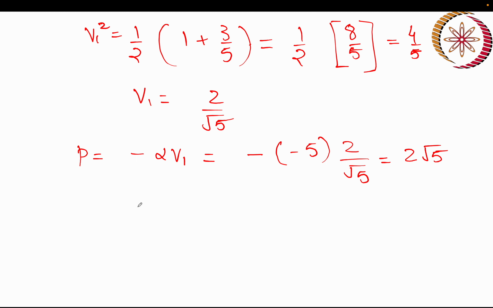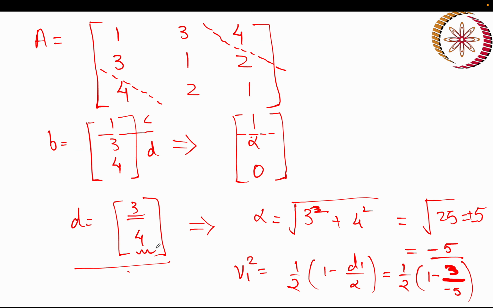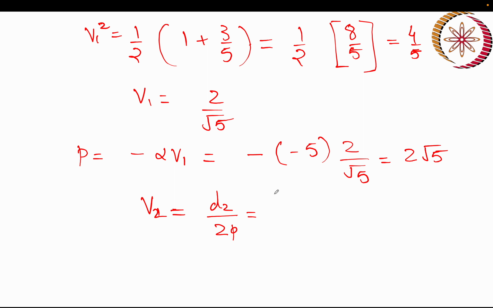Okay, now what we will do is find the next value in the vector v, v2, which will be d2 by 2p. So d2 is this 4, and 2, and p is 2 square root of 5.